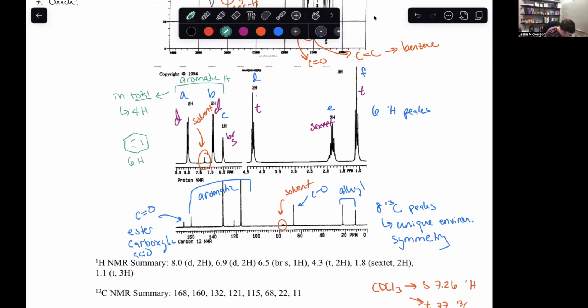Okay, so if I only have 4 H's, that must mean that I have 2 things on that benzene ring. Okay, otherwise referred to as a disubstituted benzene.